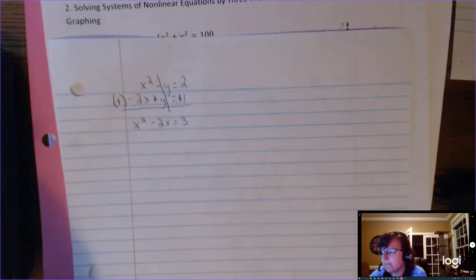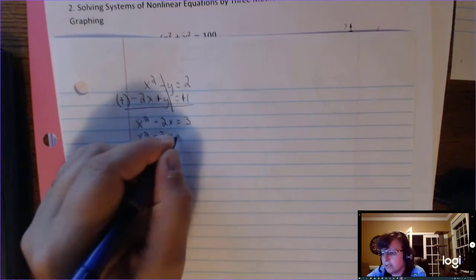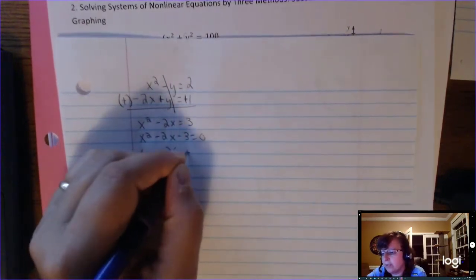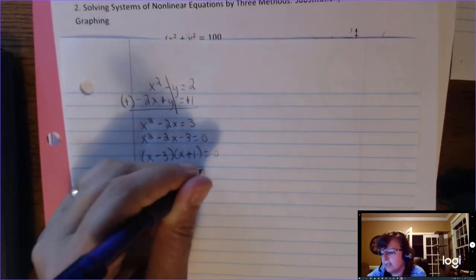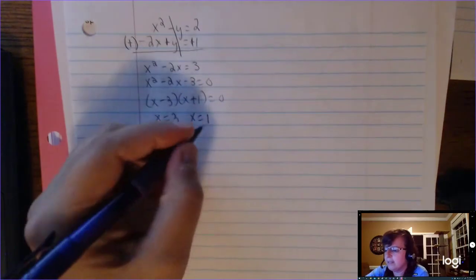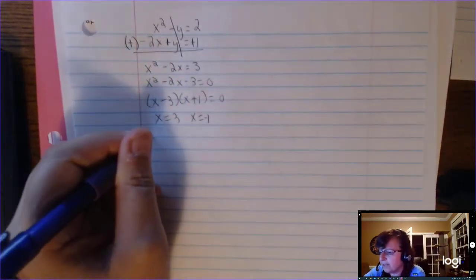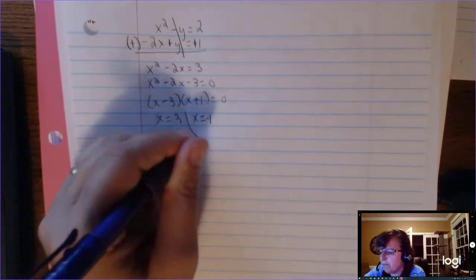X squared minus 2x equals 3. So now you have a quadratic and you can set that equal to 0, and it factors into the same factors it factored into in the other example, and you get x is 3 and x is negative 1, and then you plug that in. So we'll pick the bottom one, negative 2 times 3 plus y equals 1.